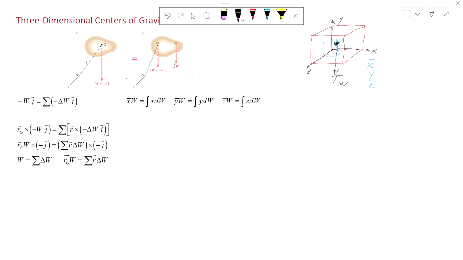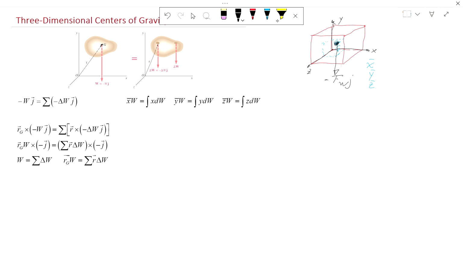So the concept is that if we have a body with a center of gravity or a centroid, first of all, remember that if the force is going down but the positive axis is going up, that force has a negative component in the axis. So if this axis is y, it's going to be negative j.